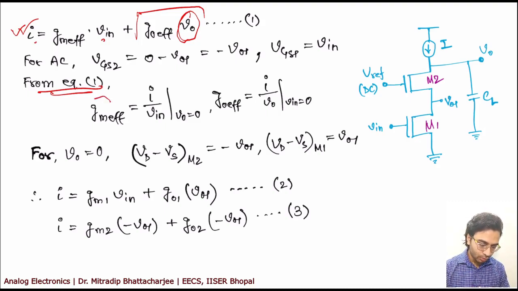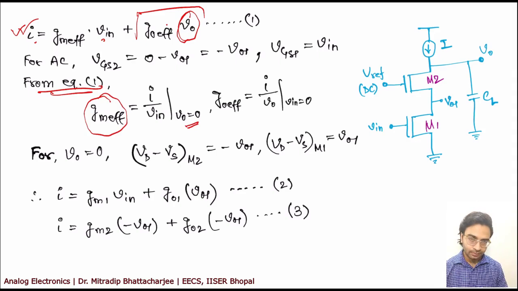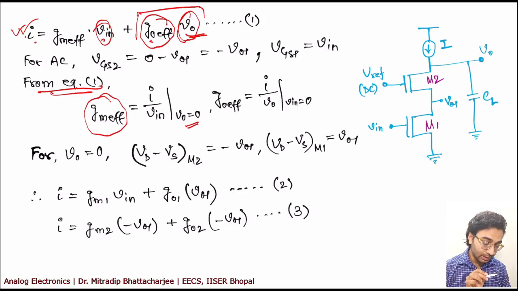So if you want to figure out GM effective, you have to consider V0 equal to 0. Similarly, if you want to figure out GO effective, what should you consider? V in equal to 0. So if V in equals 0, your GO effective is I divided by V out. And similarly, if your V0 is equal to 0, your GM effective is I divided by V in. Okay, very simple relation.